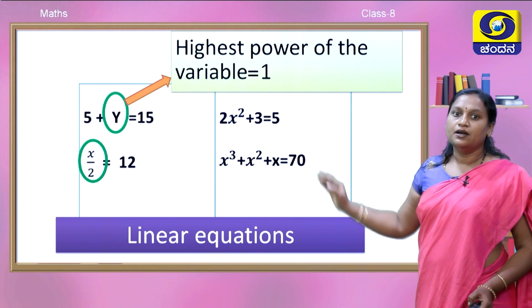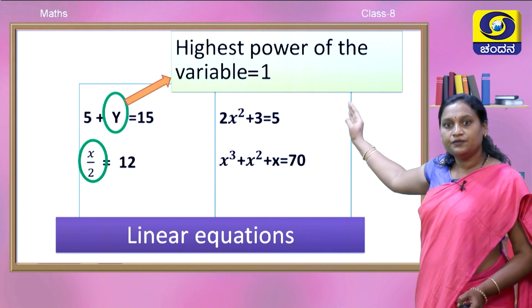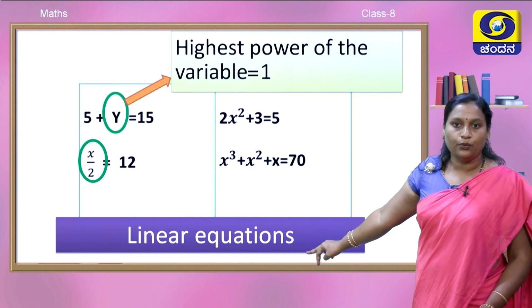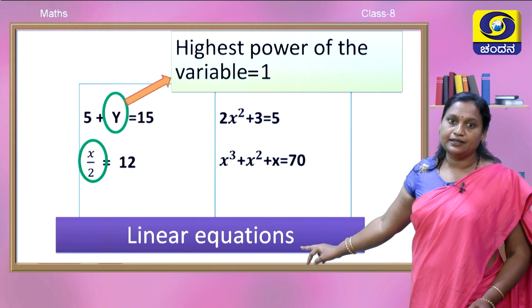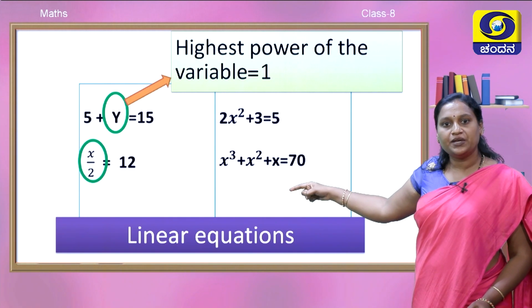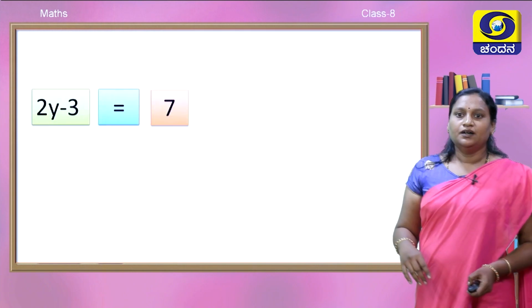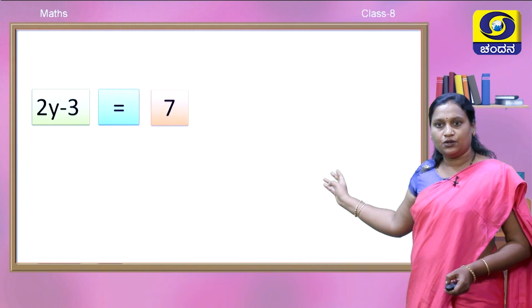Observe again, in both the cases, the highest power of the variable is 1 and hence they are called linear equations. One more interesting thing is, if you plot those two equations on a graph, you will be getting a straight line.